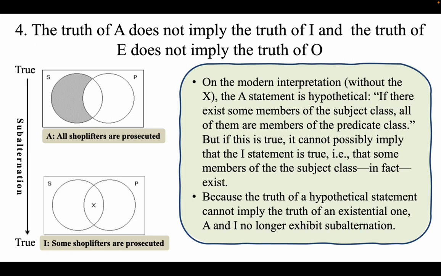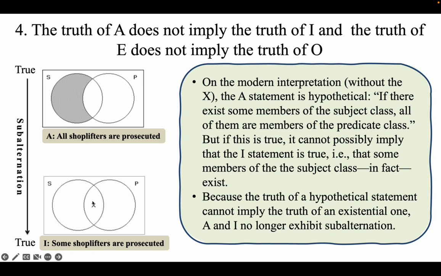Or to give you the same example, if all shoplifters are prosecuted, it means that if there are shoplifters, they're all prosecuted. But this statement cannot possibly imply that some shoplifters are prosecuted. And as you can see, if it's true that all shoplifters are prosecuted, it means that there aren't any shoplifters in the subject class.